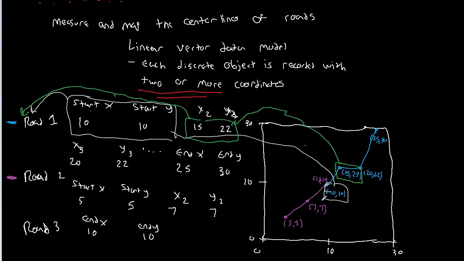Both of these coordinates, 10, 10, and 15, 22, are both being used to describe one object, in this case, the first road that we want to map and measure.